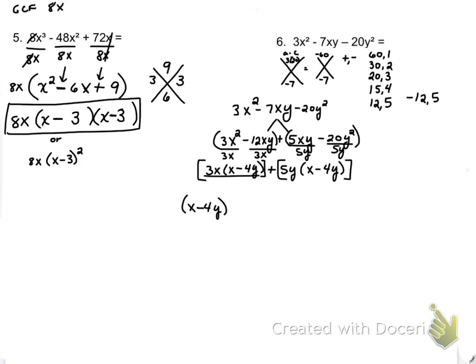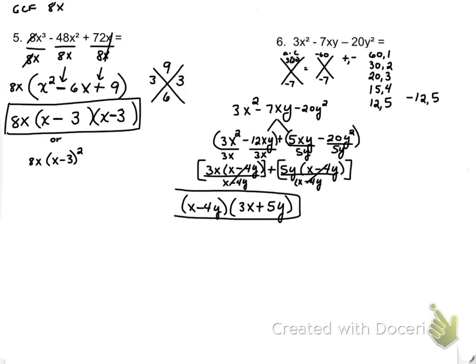And you divide by x minus 4y in both these terms. So this cancels and this cancels, and you're left with 3x plus 5y. And then that's your final answer.